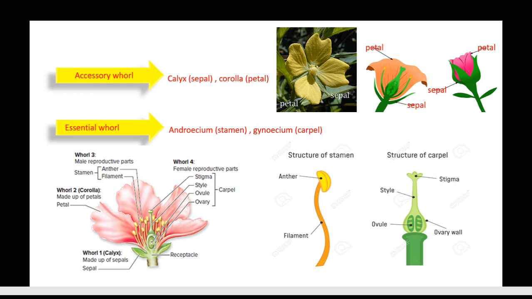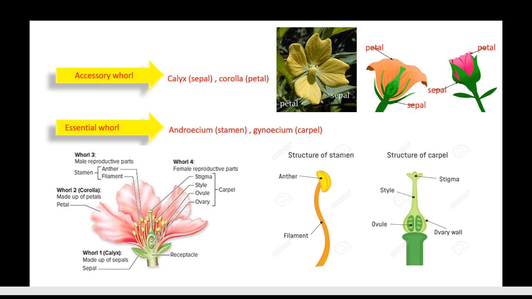These stamens are also termed microsporophyll. Each stamen has three parts. Only two parts are shown in the figure. One is filament, second one is anther, and third one is the connective.